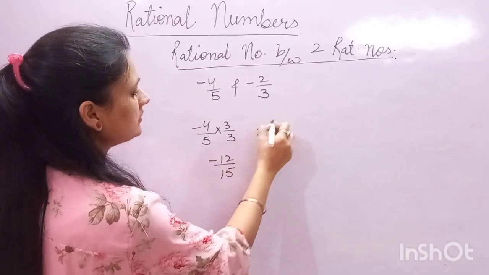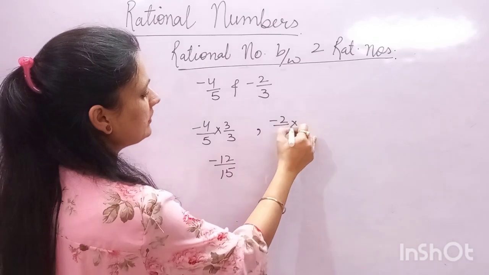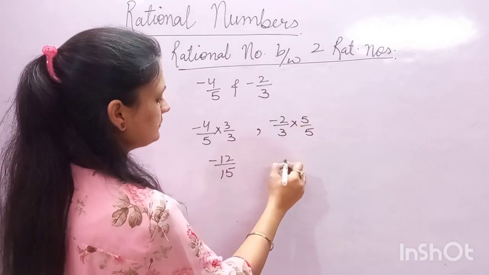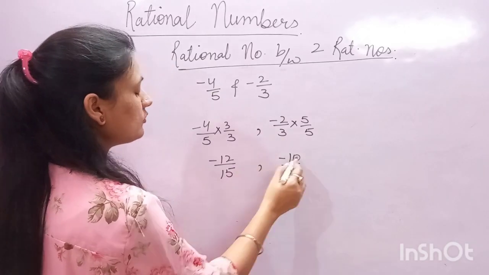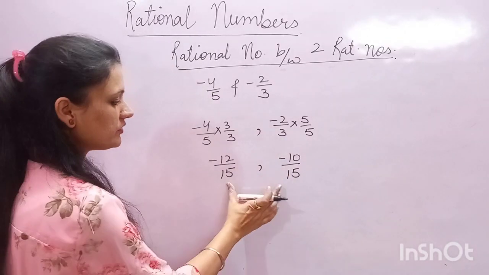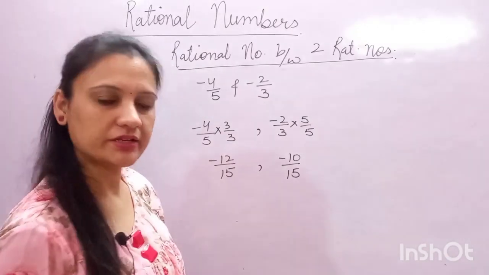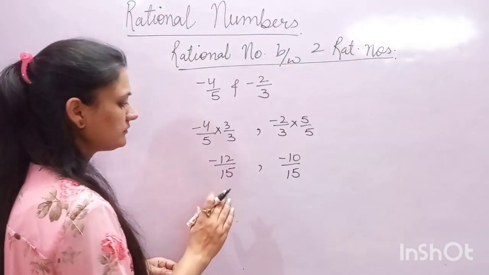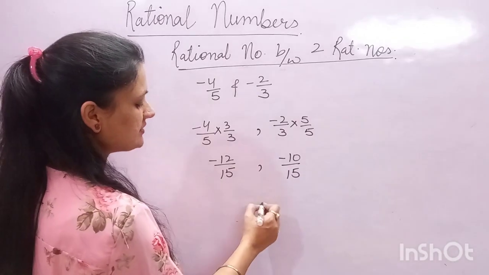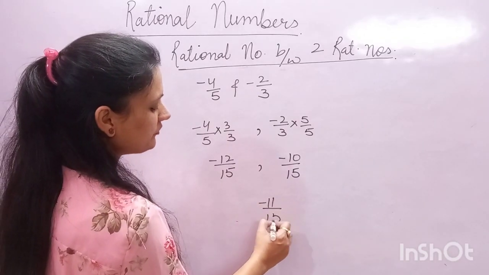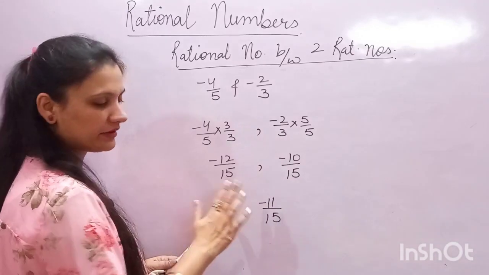And here it should be multiplied by 5. So now we have converted both rational numbers to the same denominator, right? They are equivalent rational numbers. Okay, so between minus 12 and minus 10, what lies? Minus 11 by 15. So we have taken out one rational number.